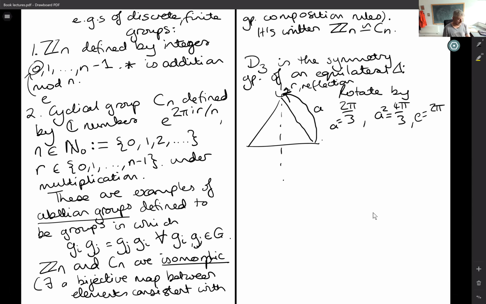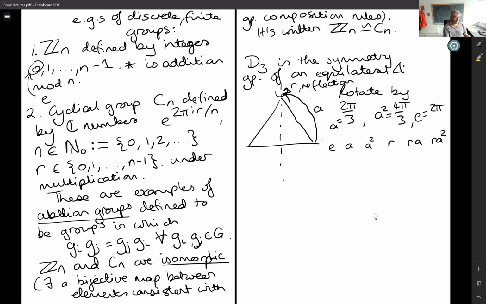So we end up with 6 different elements of the group. You have e, a, a squared, we have r, we can phrase it like ra and ra squared. Now there are other ways of phrasing it. You can use the other axes of symmetry or whatever, but the important thing is where the corners of the triangles, if you do label them, where they end up.